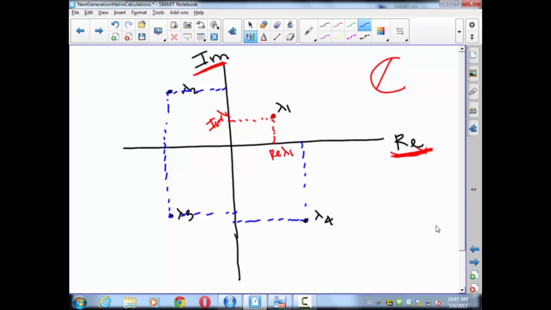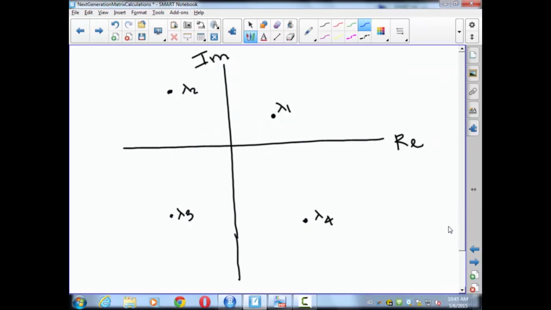So each of those, lambda 1, lambda 2, and lambda 3, are elements of the complex plane, and they each have a component in the real axis and a component in the imaginary axis. Now, the modulus is what is measuring.